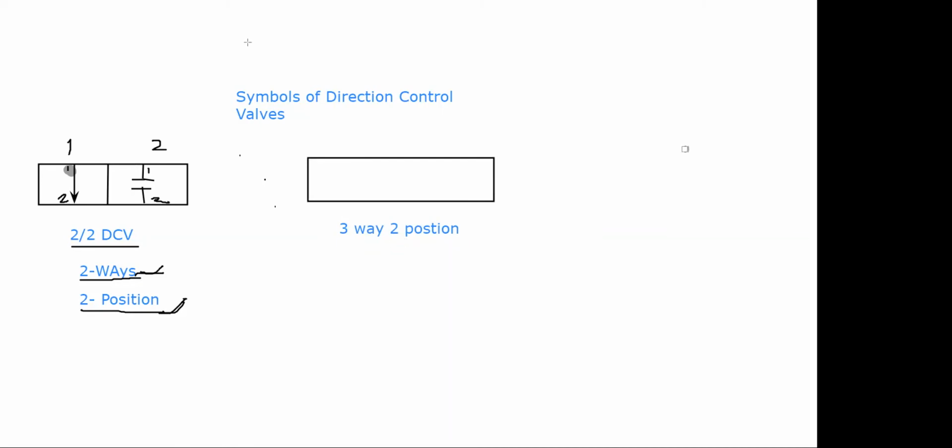The positions are 2 here, that's why we divide this rectangle into 2 parts. Now we are going to make 3 ways in each position. So 3 ways can be made like this.